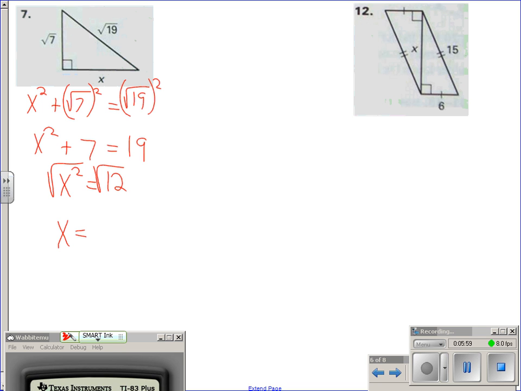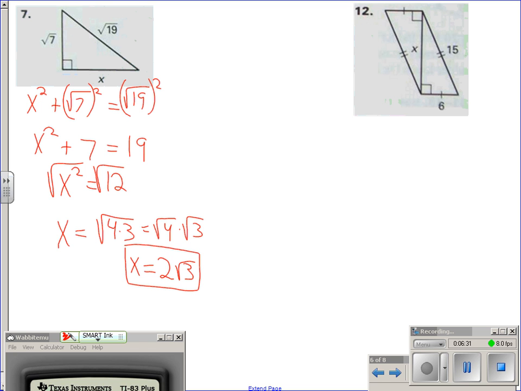So what you're looking for are factors of 12 that are perfect squares, or at least one factor that is a perfect square. So 12 is 4 times 3. Because it's multiplication, we can separate these into individual square roots with still a multiplication in between them. Square root of 4 is 2. 3 is a prime number. It's not a perfect square, so we leave it inside that square root. This should be your answer.